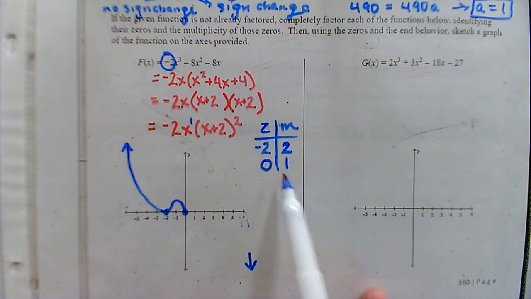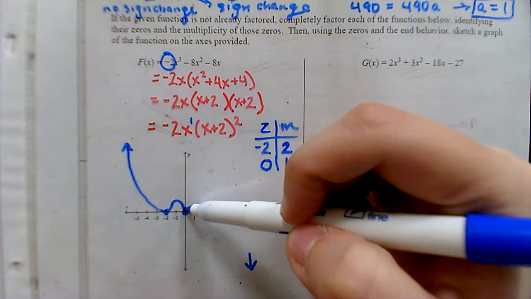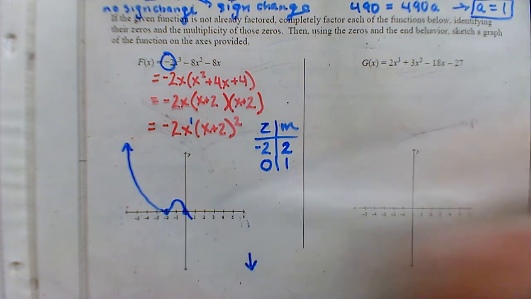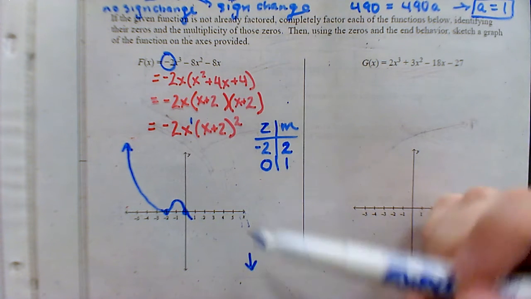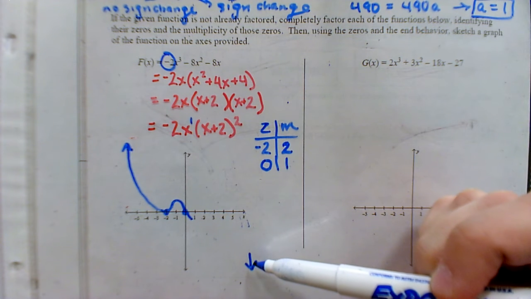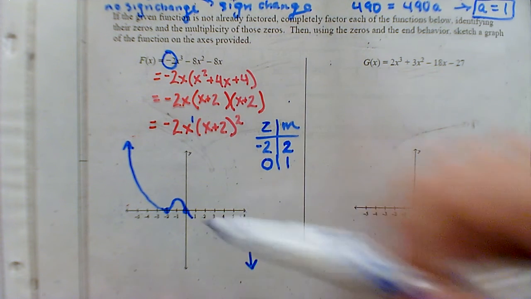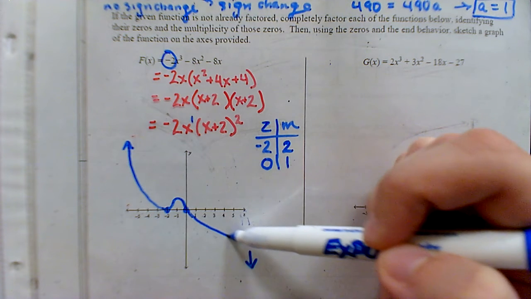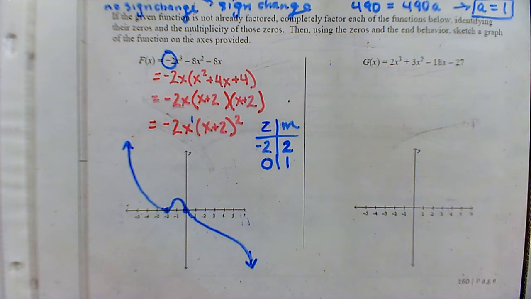This x-intercept, though, had a multiplicity of 1, so we know we need to go straight through. And if you want to connect it with this arrow that you drew on the bottom right-hand side, you can. Maybe something like that.